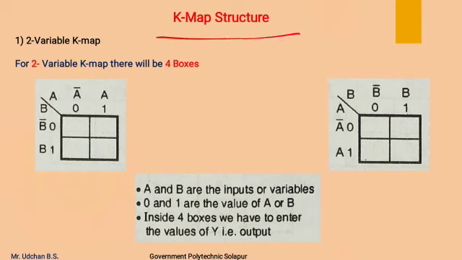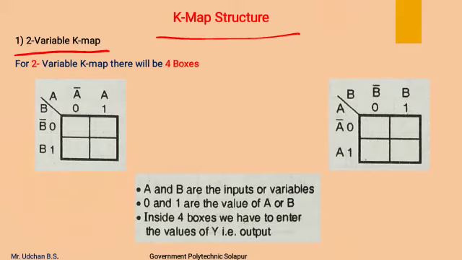Now we will see the K-map structure for 2 variable, 3 variable, and 4 variable. First, the structure of the 2 variable K-map.